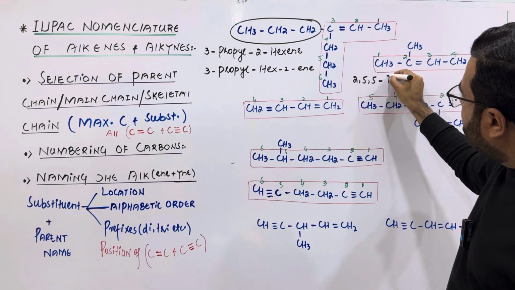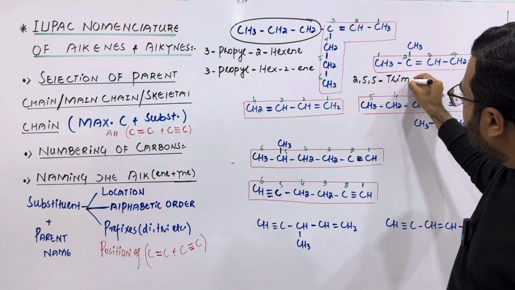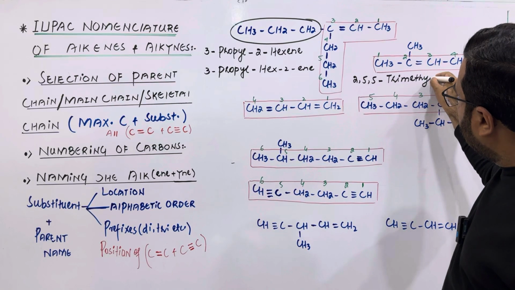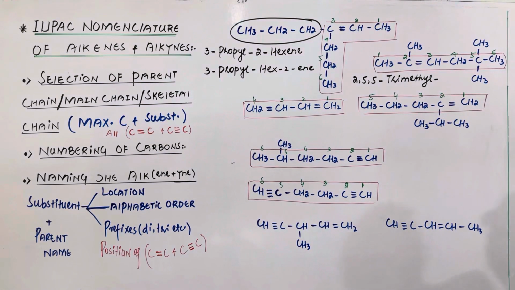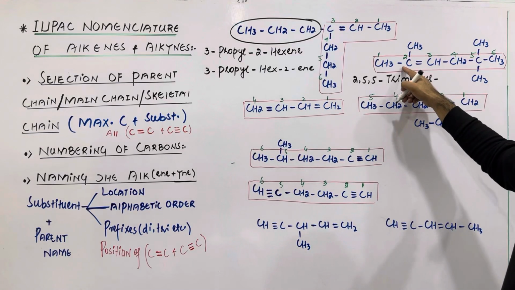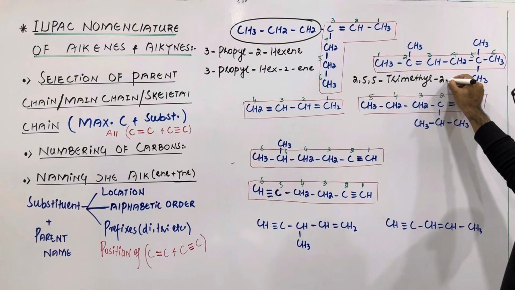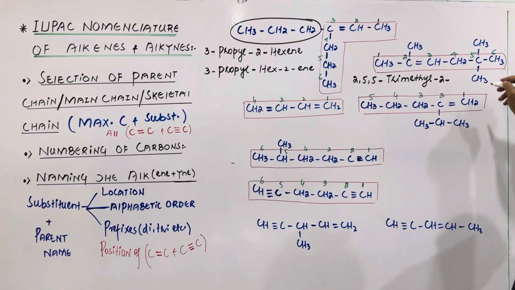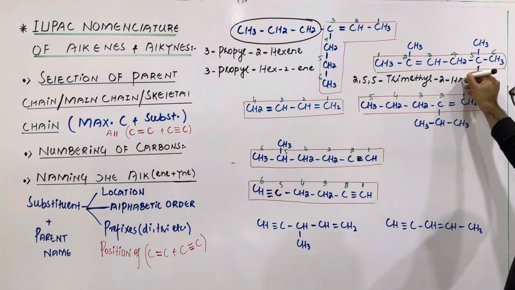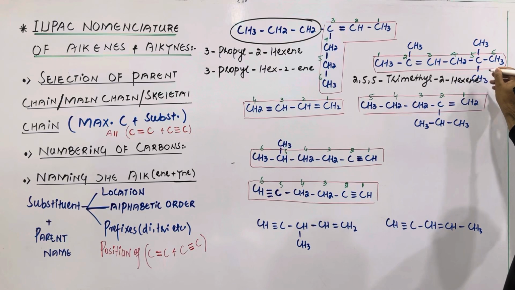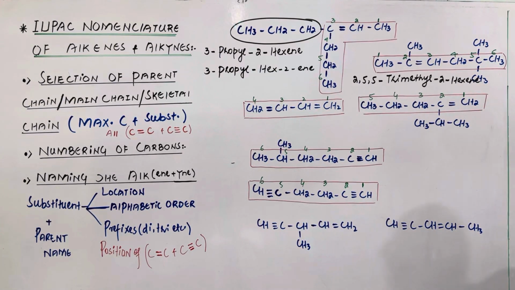There are 3 methyls, so you will write down trimethyl, as there are 3 methyl groups in it. Then you will mention the location of the double bond by using the lower number, that will be 2. And how many carbons are there in this parent chain? 6, so that will be hexene. So it will be 2, 5, 5 trimethyl 2 hexene.